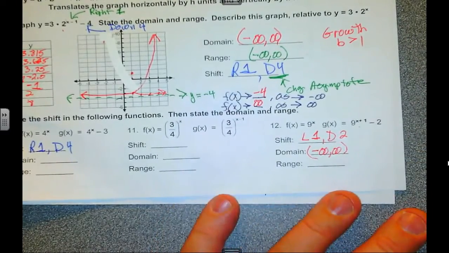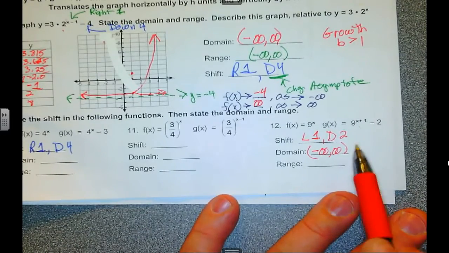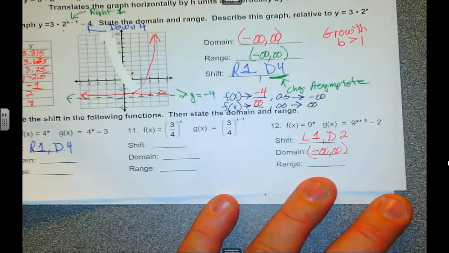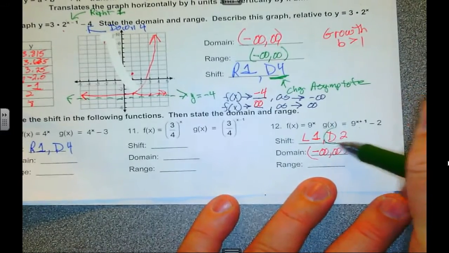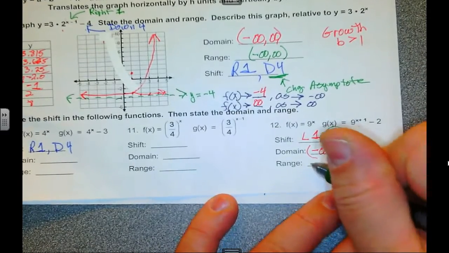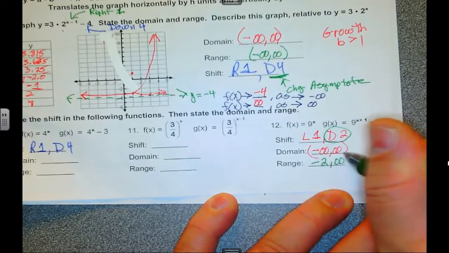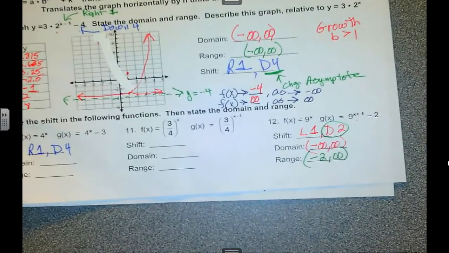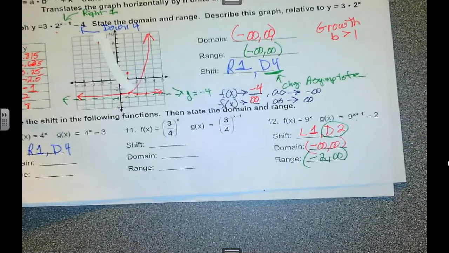My range. Careful of my range. Not 2. Negative 2, right? See how easy that is? You guys should get an A on this section of the quiz on Friday, right? Do you think you guys can do the rest of the problems?